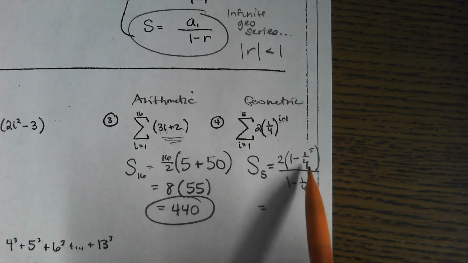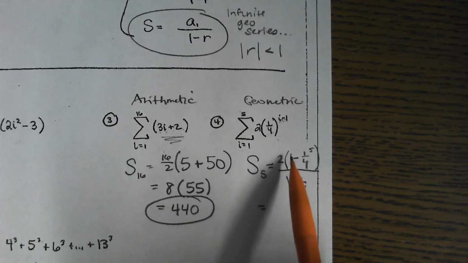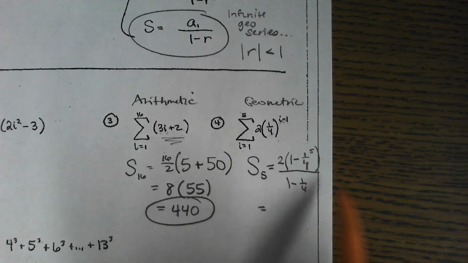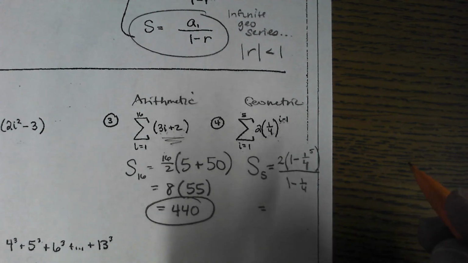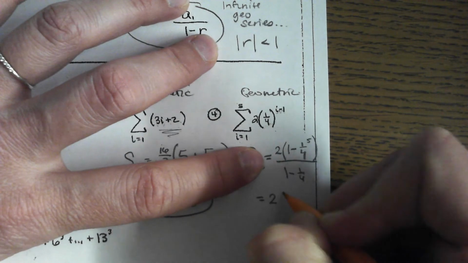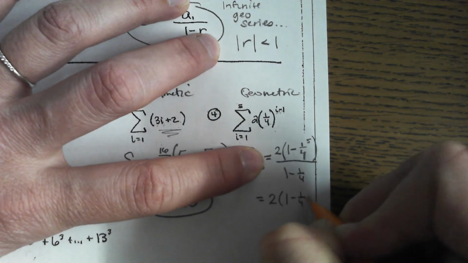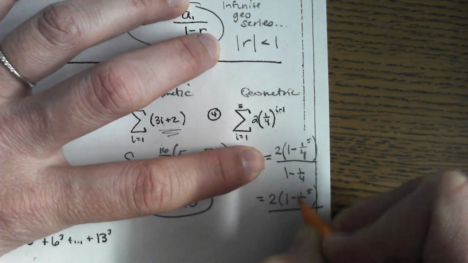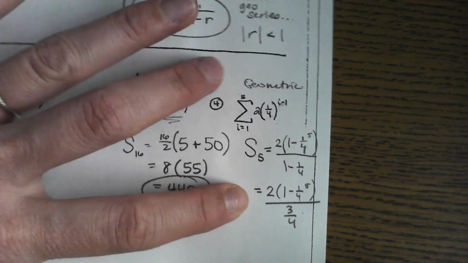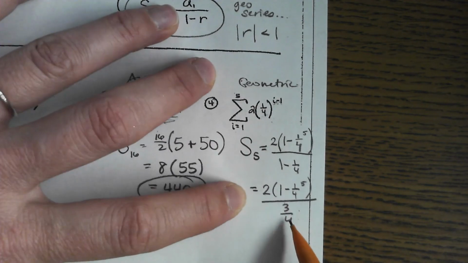So it would be 1 over 1,024. So 1,024 over 1,024 minus 1 over 1,024 would be 1,023 over 1,024. We're not going to go there. So you may expect to see this on a non-calculator section simplified to being over 3/4, which you may then see a keep, change, flip sort of thing.